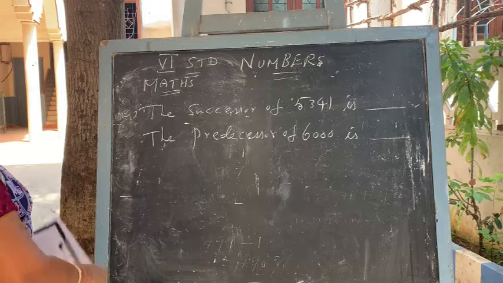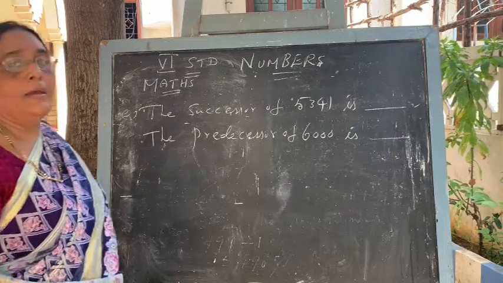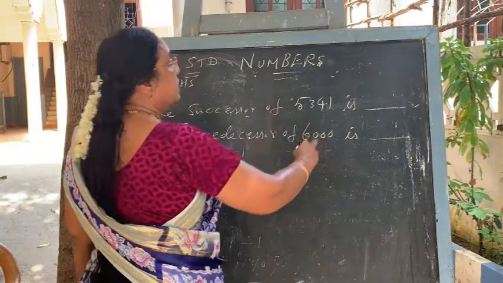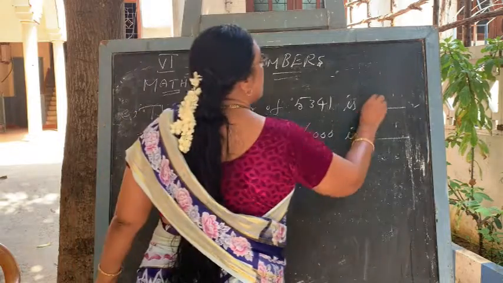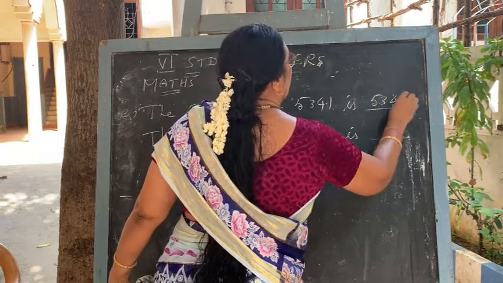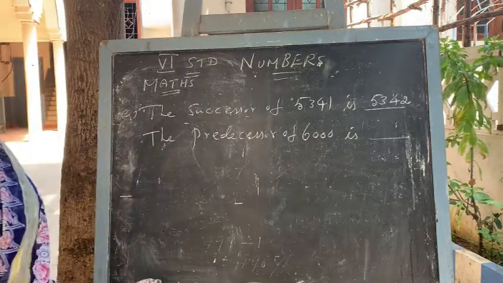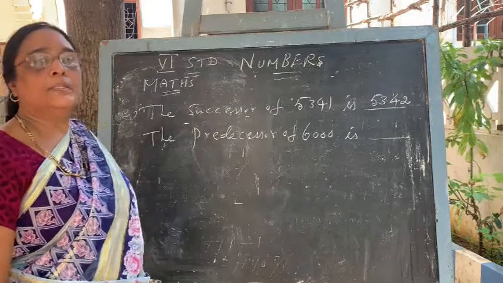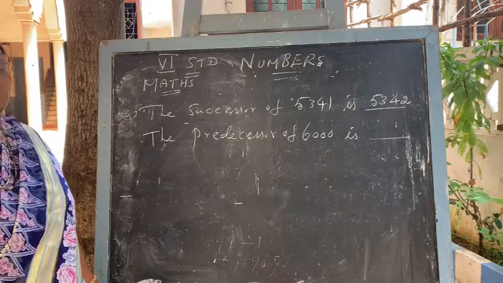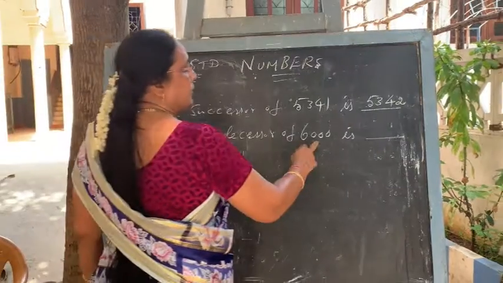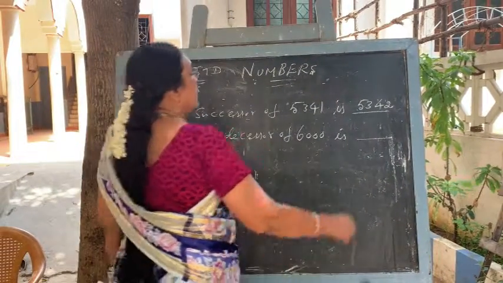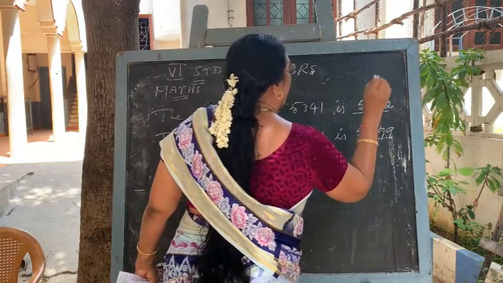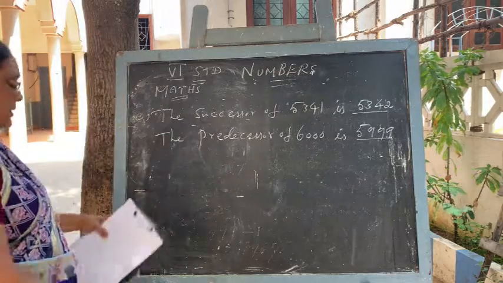How to do this? I already told you how to find the successor. Successor means you have to add 1 to the given number. If you add 1 to 5341, you will get the answer 5342. And what is the predecessor of 6000? I already told you, the predecessor means the number before. So you have to subtract 1 from 6000, and you will get 5999. That is the answer for the predecessor.